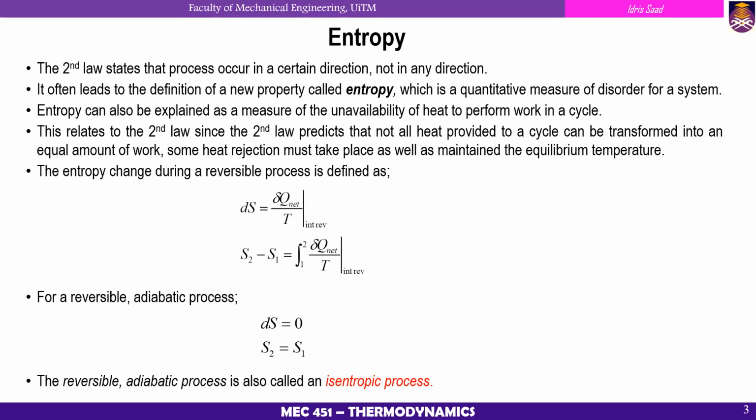Mathematically, entropy is defined as del Q over T in the condition of an internally reversible system. So for a reversible adiabatic process, the change of entropy from the initial to the final state is equal to the integration of del Q net over T in the condition of an internally reversible process.